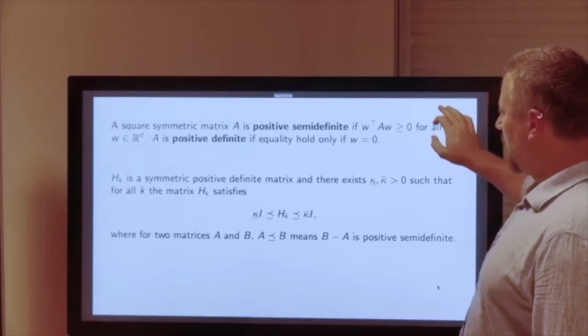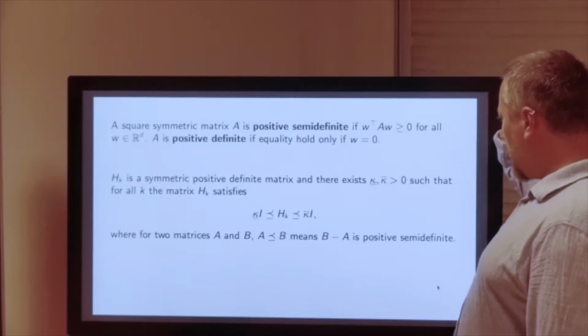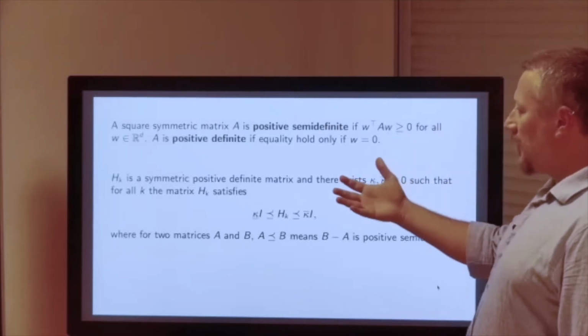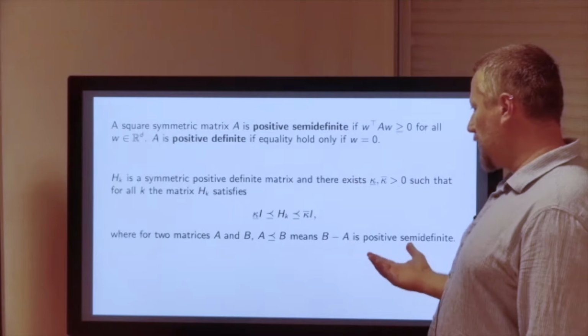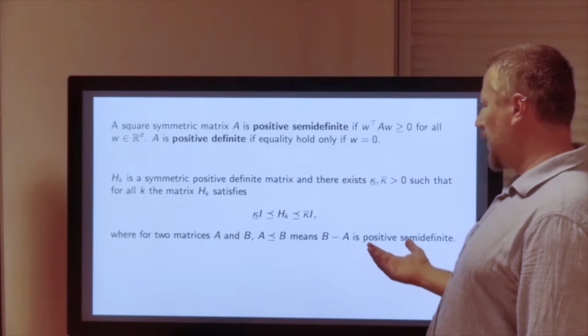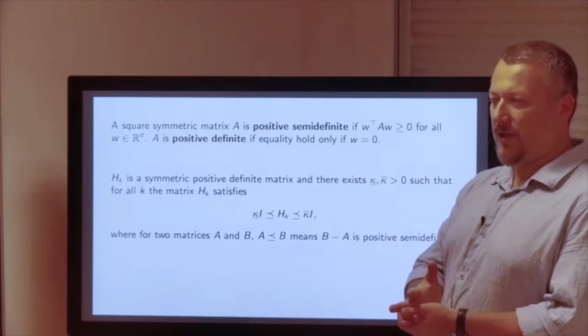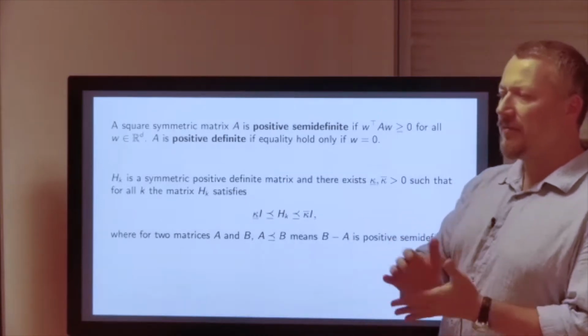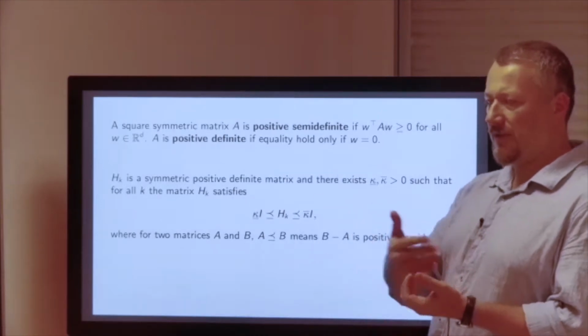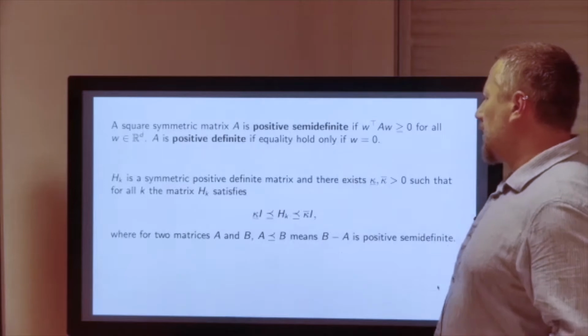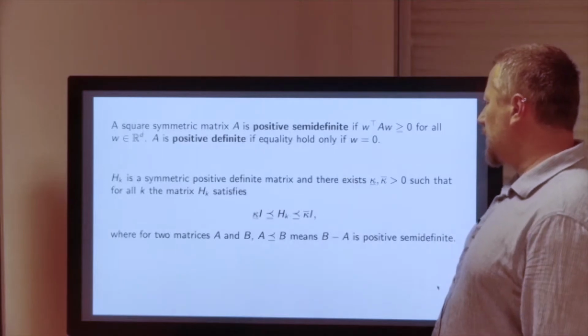All right, just to remind you. And our H_k in SMB has this nice property that in every step you calculate this matrix, it changes the direction, or even decreases the length.